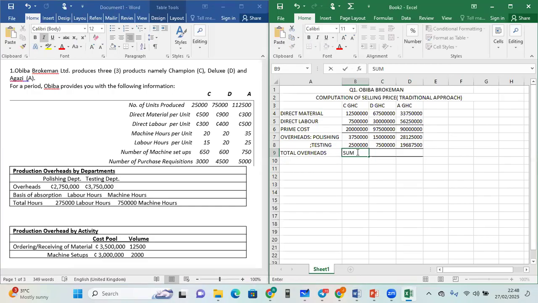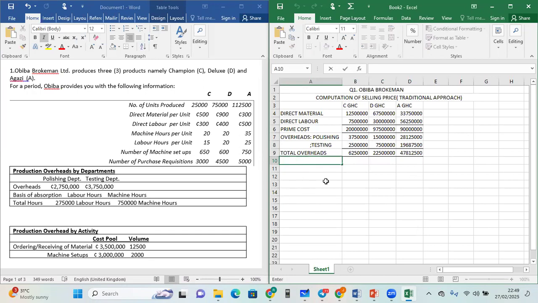Let's sum them, only summing the overheads. I'm just dragging it so that it flows. Right, so that's it for the total overhead.